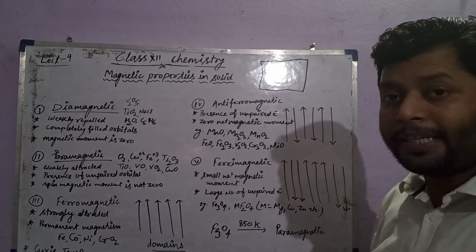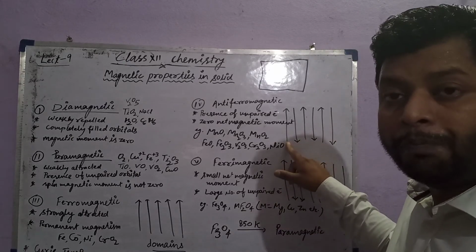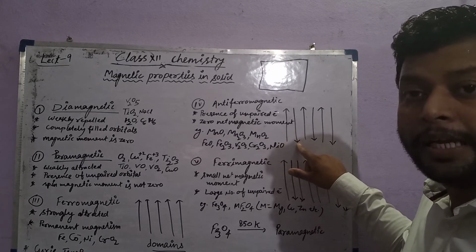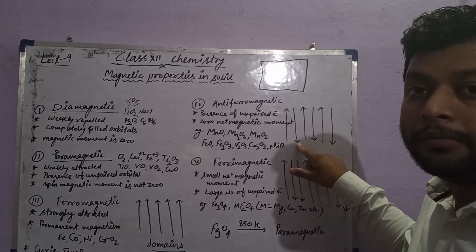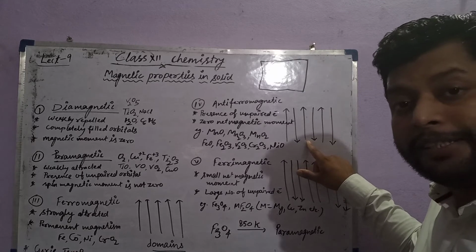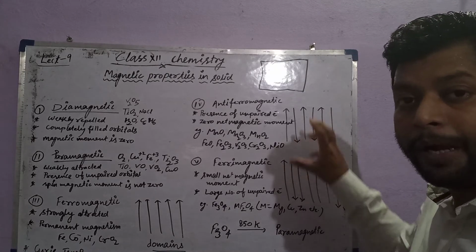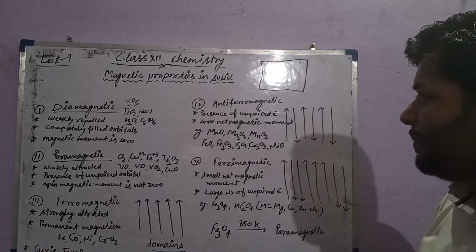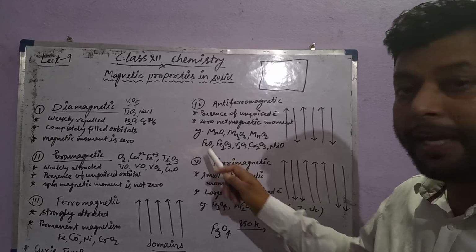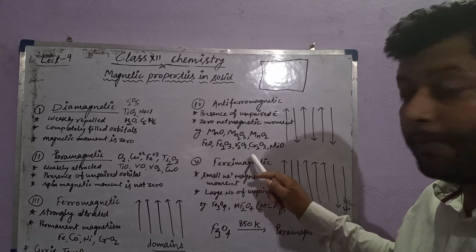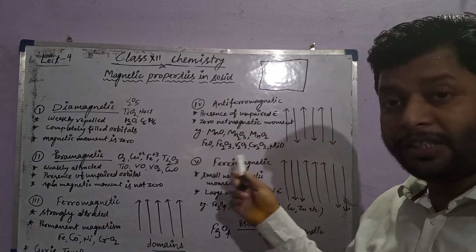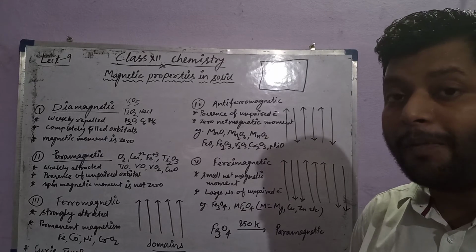So whatever magnetic properties arise due to parallel domains are completely cancelled by antiparallel domains. Some substances like manganese oxide, manganese trioxide, manganese dioxide, ferrous oxide, ferric oxide, vanadium trioxide, chromium trioxide and nickel oxide, some of the transition metal oxides, behave like this.